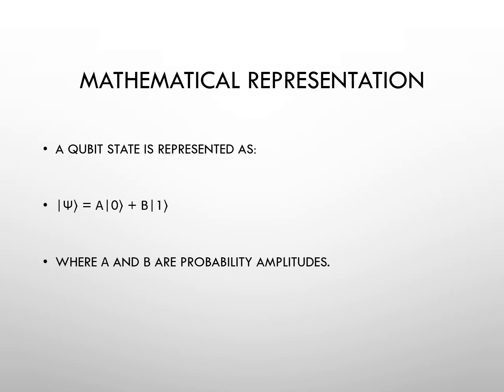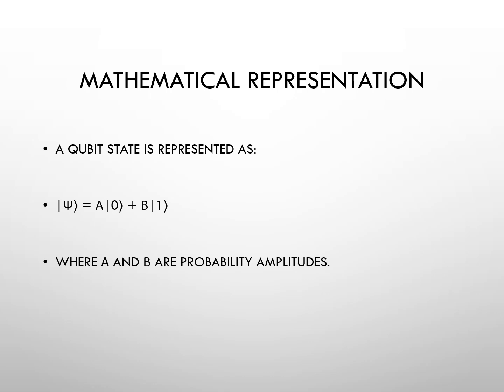This comes from the Dirac notation, bra and ket notation, and here a and b are called probability amplitudes. These probability amplitudes must always satisfy the equation alpha squared plus beta squared equals 1. This means that the probability of finding the qubit in either state is always 1.